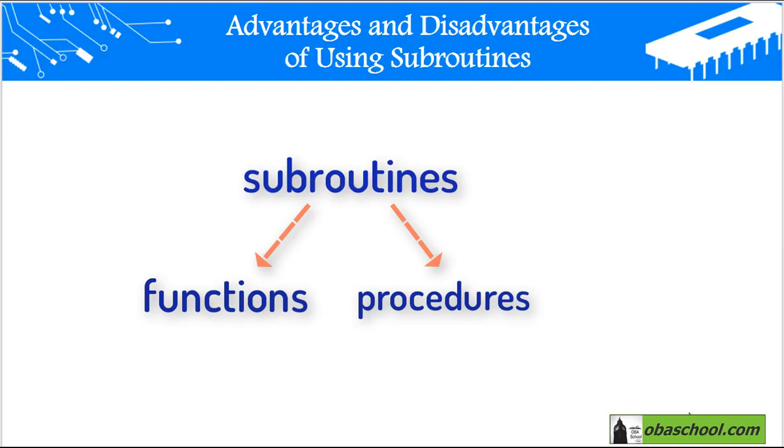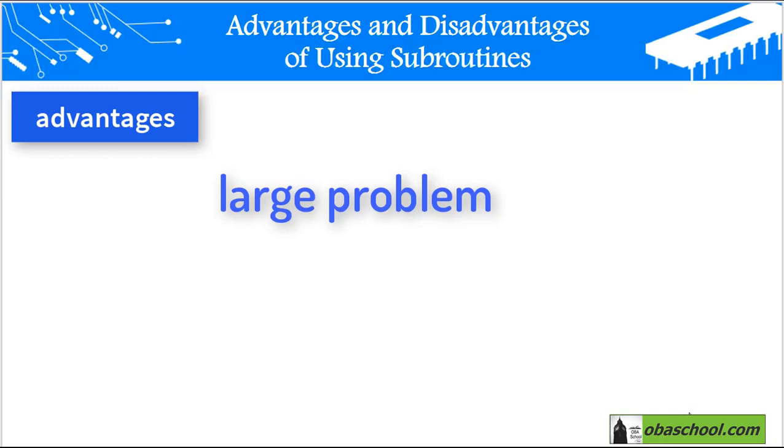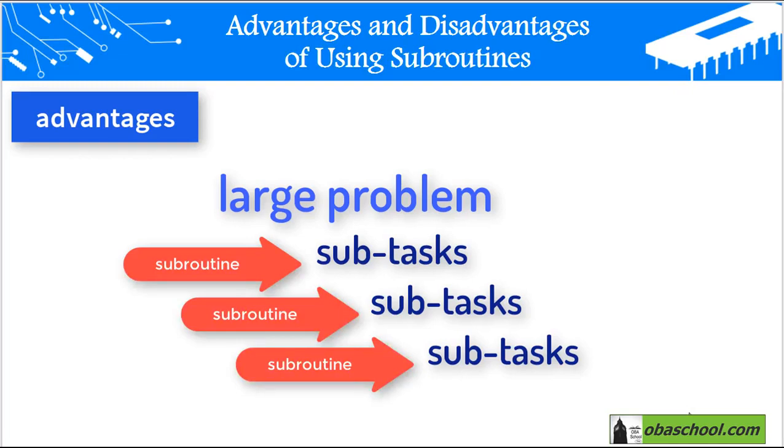The advantages of using subroutines: breaking down or decomposing a large problem into subtasks and writing each of these as a subroutine makes the problem easier to solve. So each subroutine can be tested separately.